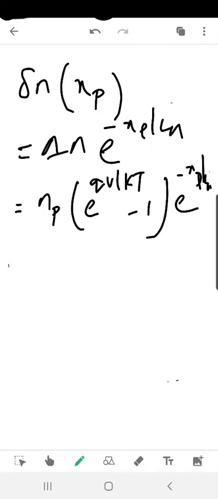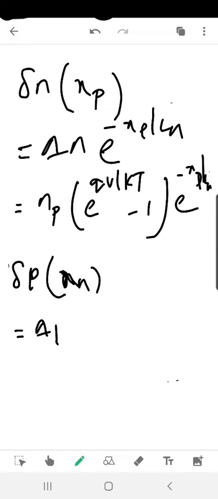Similarly, for the excess carrier concentration of holes, it will be delta p into e raised to the power minus xn divided by Lp. Here Lp is our diffusion length of the region. Now we have calculated the value of delta p.